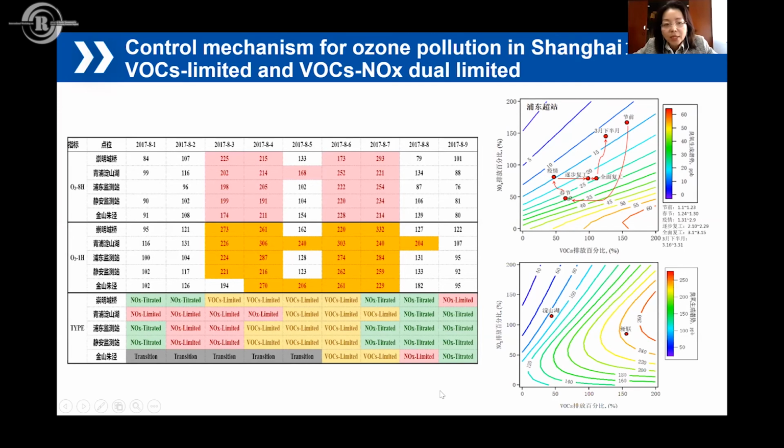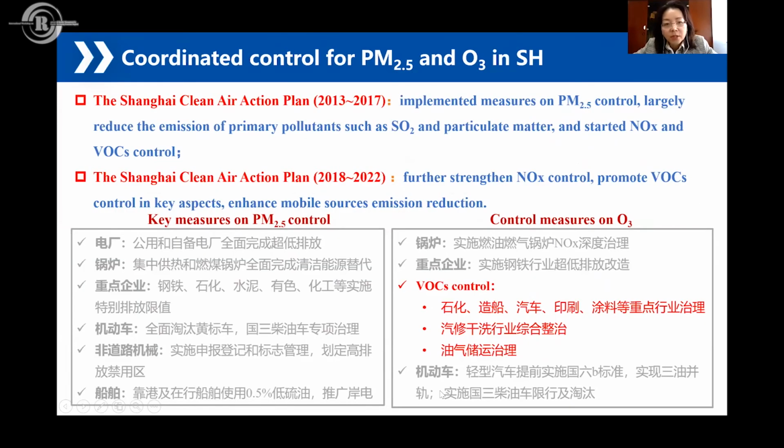So currently, there is still no clear roadmap for ozone pollution control in the Yangtze River Delta, but we have already studied the pollution control and the emission reduction of VOC and NOx.